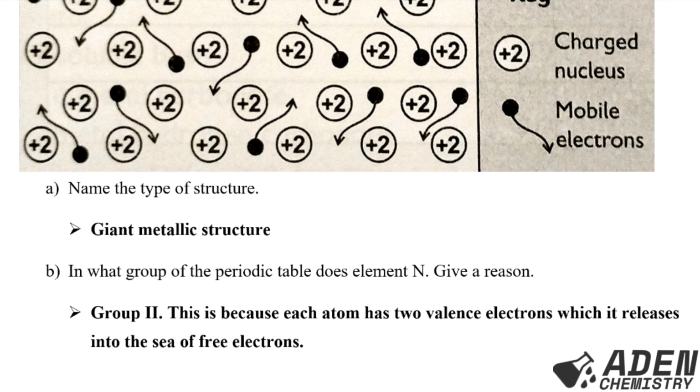So that means the element is in group 2. In case you're asked about the family, you talk about the family of group 2, that is alkaline earth metal. The reason why it is group 2 is that each atom has 2 valence electrons which it releases or loses into the sea of free electrons or mobile electrons.